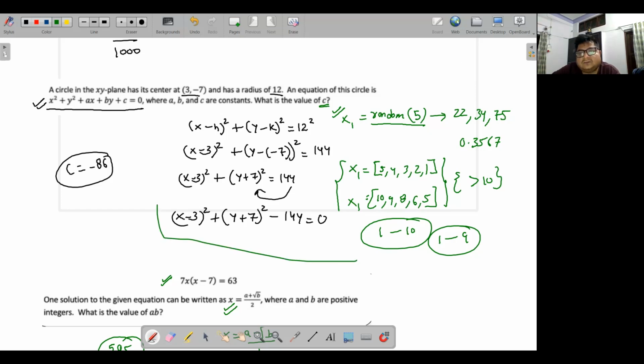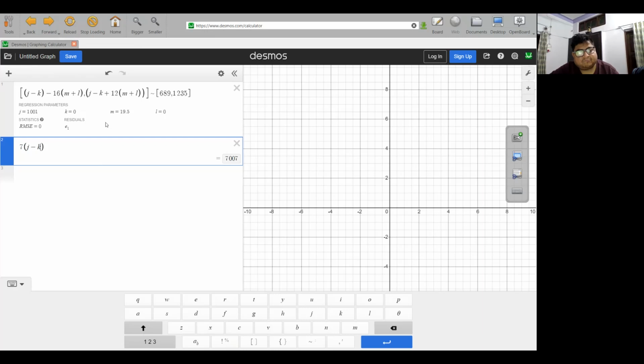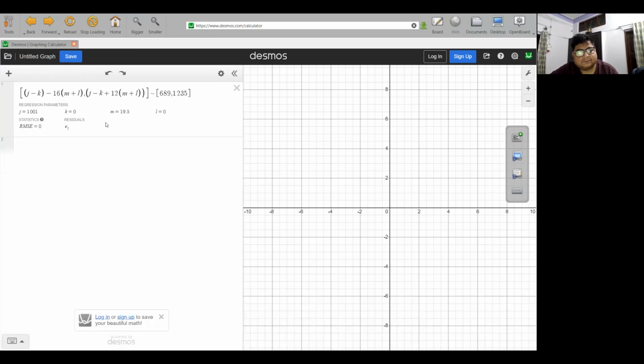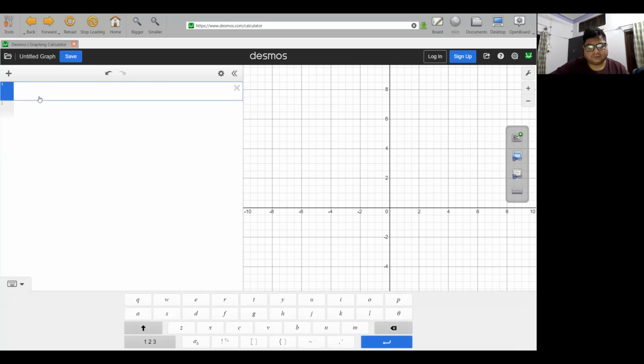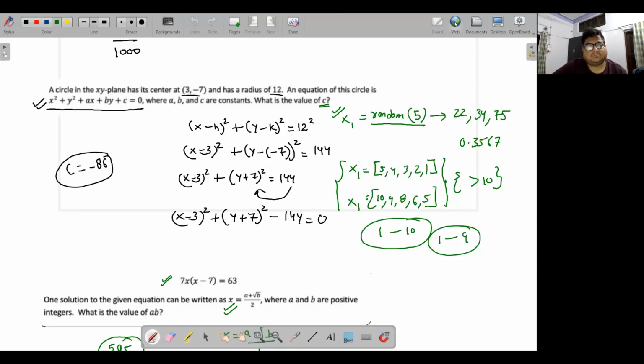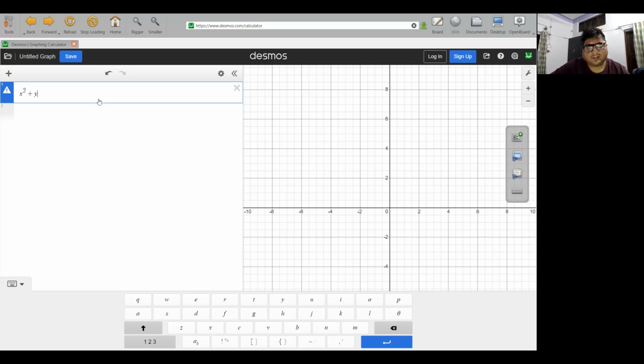Now we get this equation, we have to write those equations. So let's say x² + y² + ax + by + c, and both of the equations are equal to 0, so we can assume that both of them are equal.